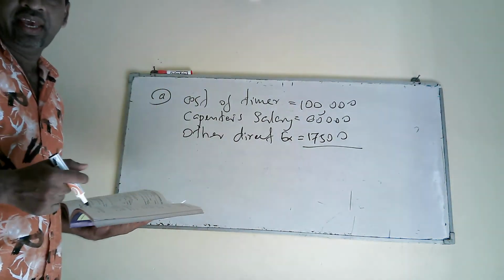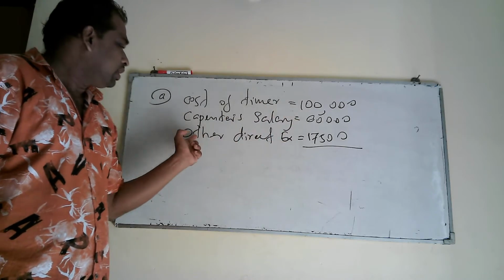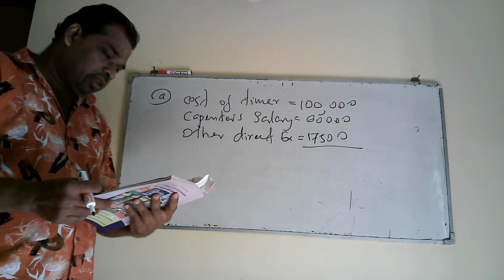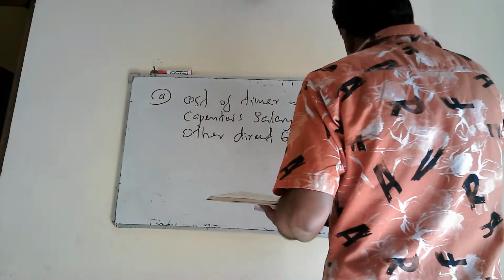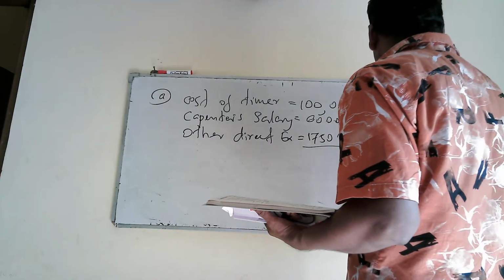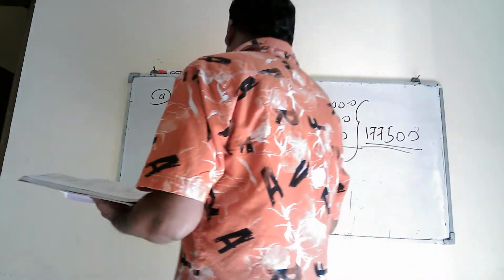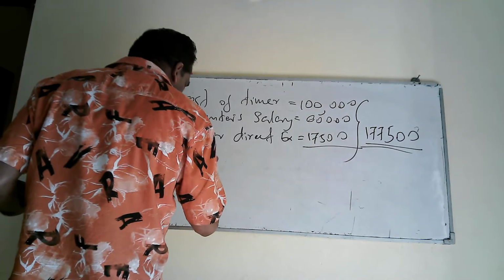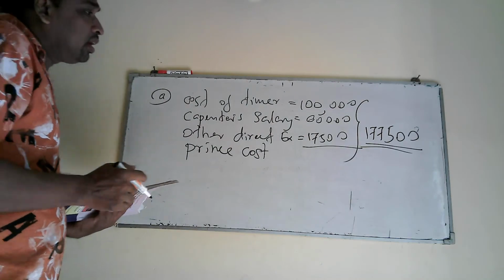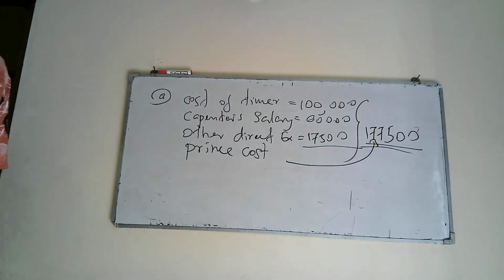We can just add these three: cost of timber, that is direct material, carpenter salary, direct labor, and other direct expenses, 17,500. Only that. Then we can take the addition of these three. Here 160 and 17, 177,500. Right? You can write the answer prime cost. Prime cost means total direct expenses. Right? Okay. We calculated the answer for the first part.